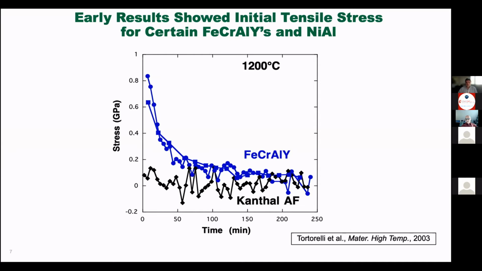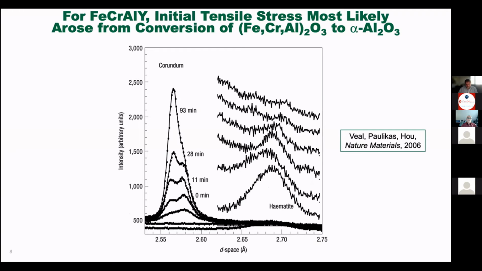Whereas several other alloys, such as the Kanthal AF alloy, showed essentially virtually no growth stress. I don't have a good reason for why certain ones show growth stress and not others, but it's clear that the different compositions had different responses, and we'll get back to that in a short while.